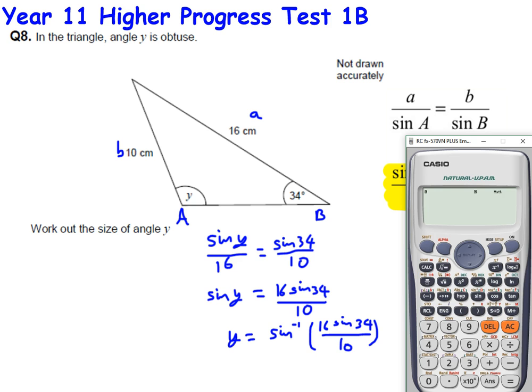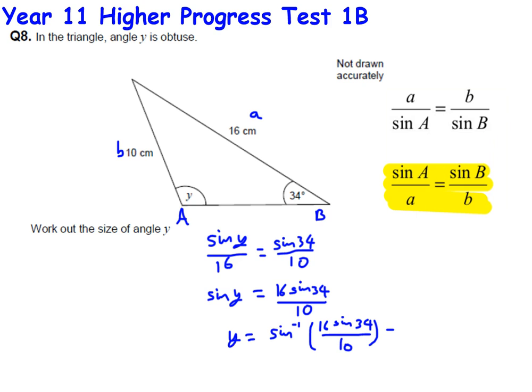So we need to do shift sine to give us inverse of sine, and then we need 16 sine 34. Now remember to close the brackets before you move on to the denominator, all over 10, and again we need to close the brackets off, press equals, and we get our answer of 63.47. Now I'm going to use 63.5 just to one decimal place.